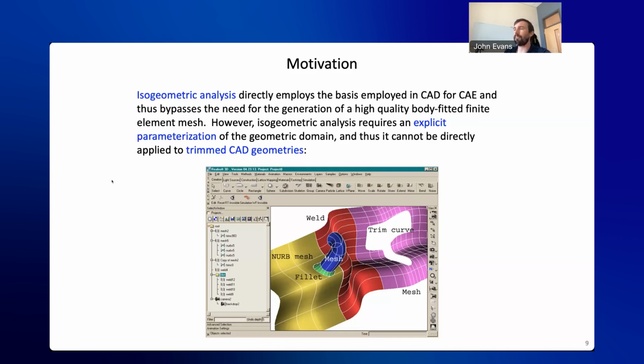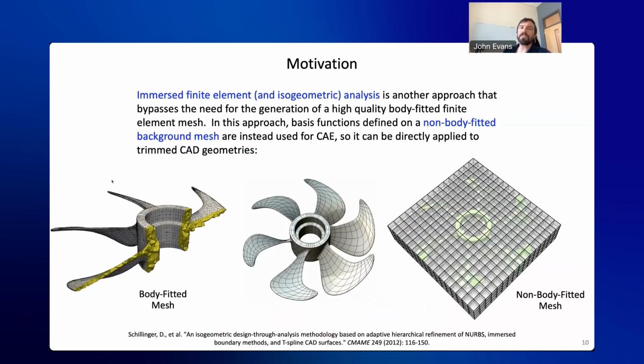structure, etc. And immersed finite element and isogeometric analysis is another approach that bypasses the need for the generation of a high-quality body-fitted finite element mesh. And the idea here is that you instead define basis functions in a non-body-fitted background mesh that basically encloses the geometry of interest.